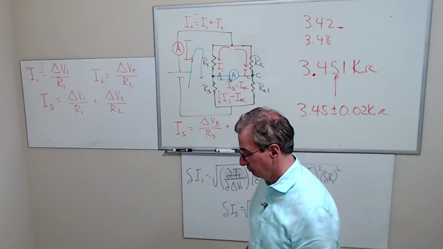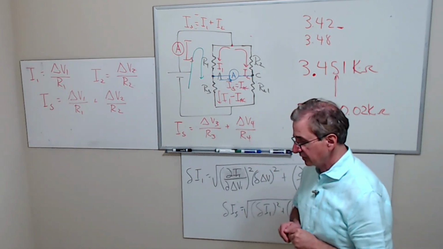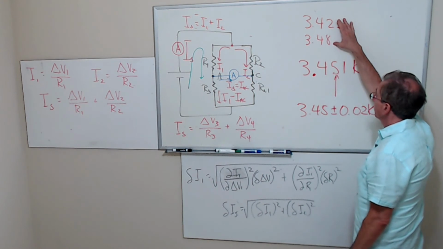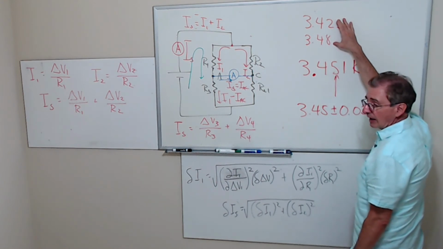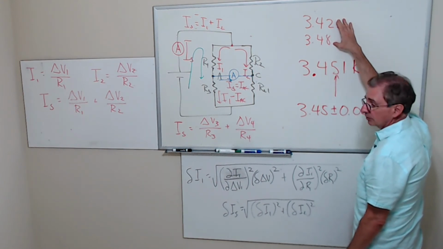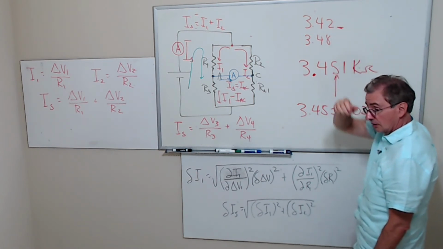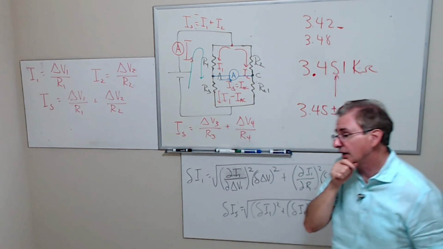Does that make sense? If your measurement oscillates between two values, pick a number in between, and the uncertainty is going to be half the difference. That's all we can do.